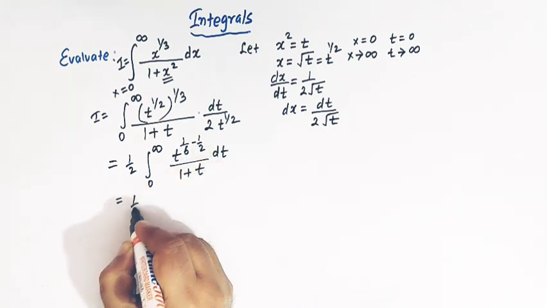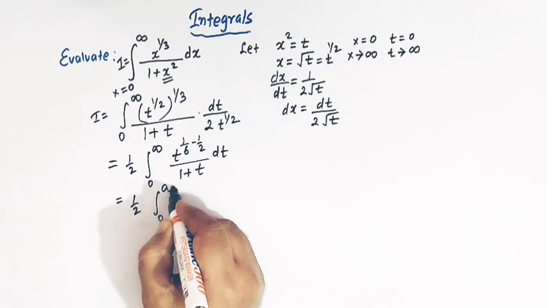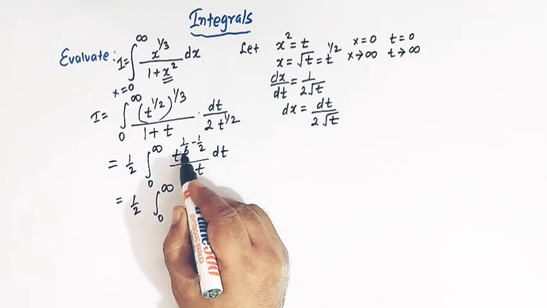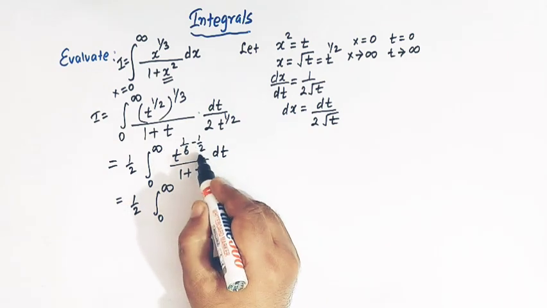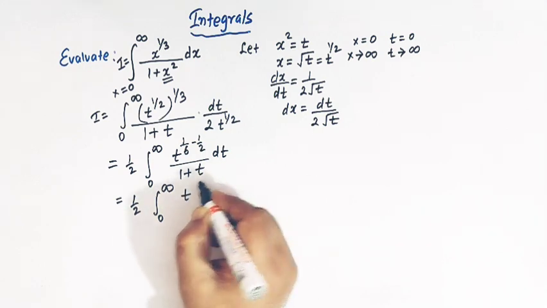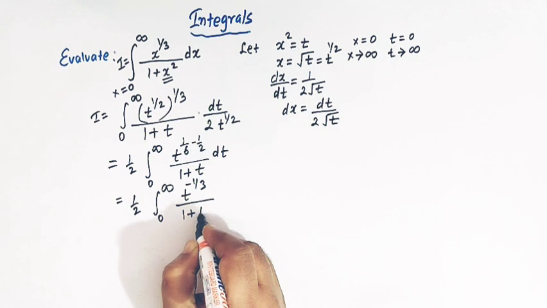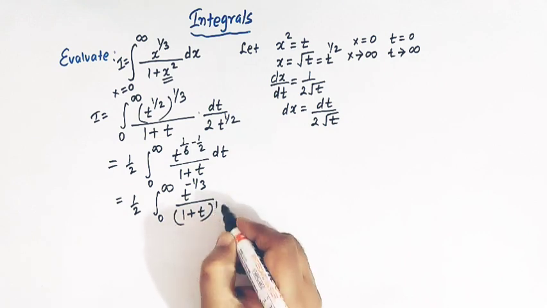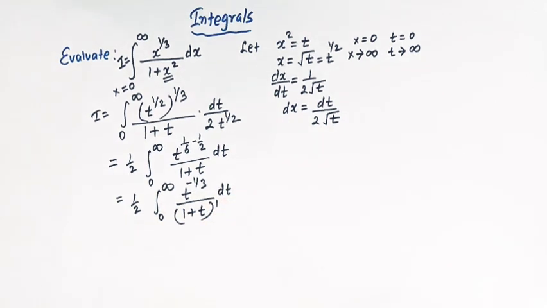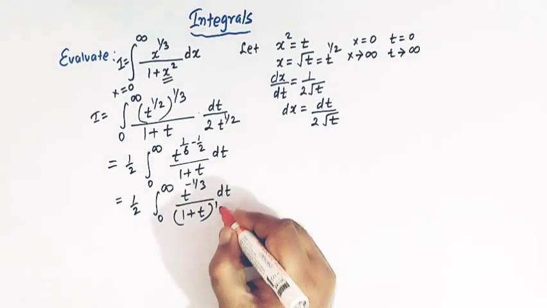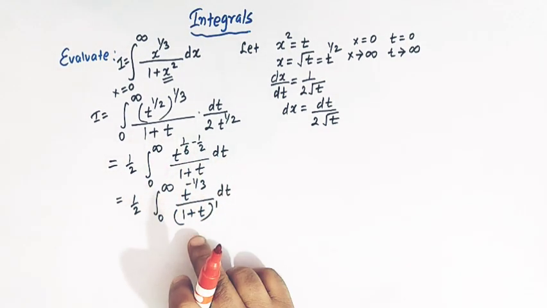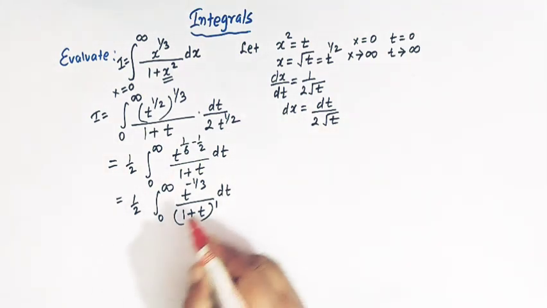So now we can write half 0 to infinity, and if we subtract 1 by 6 and half, we'll get minus 1 over 3, right? And here we have 1 plus t raised to 1, right? So now at this step, let us apply the beta function, right?